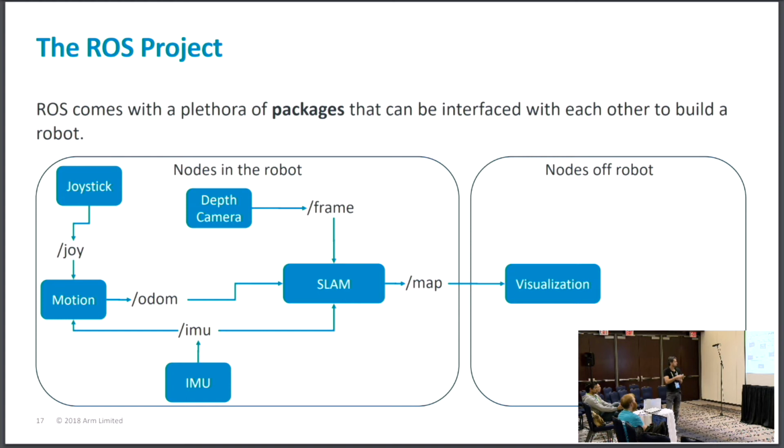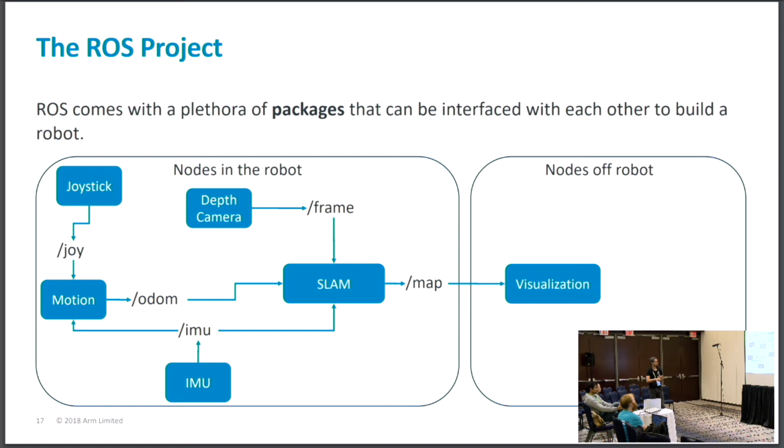So that's more or less an example of how a hypothetical robot would be created. The blue boxes are the packages or the applications. In this diagram, it's split into two systems. The robot itself, where you have, for example, a wireless joystick, which is publishing coordinates to a joystick topic.